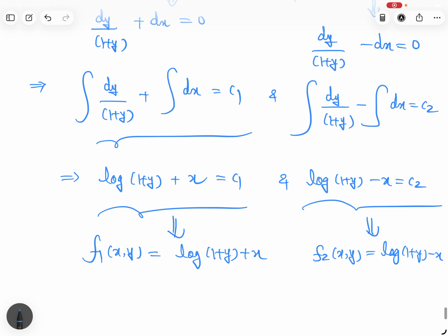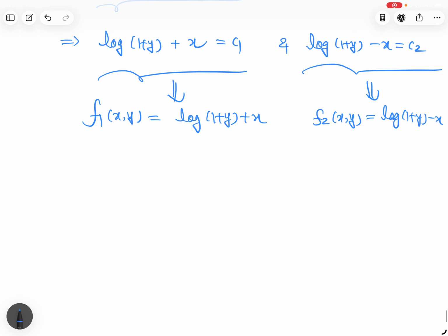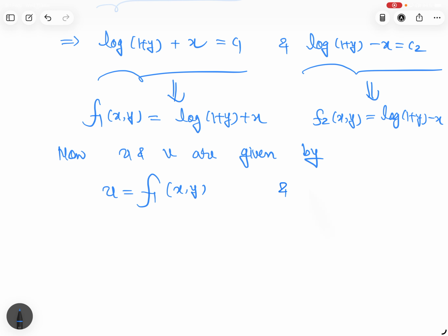Okay. Now how will I get the values of u and v? u and v are given by u is equal to f1 of xy and v is equal to f2 of xy.